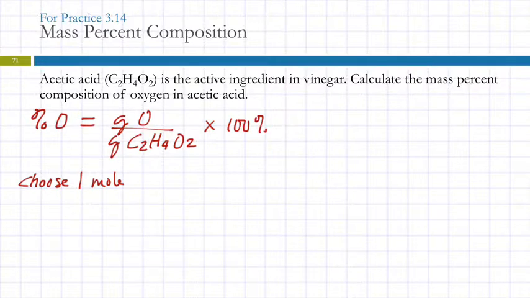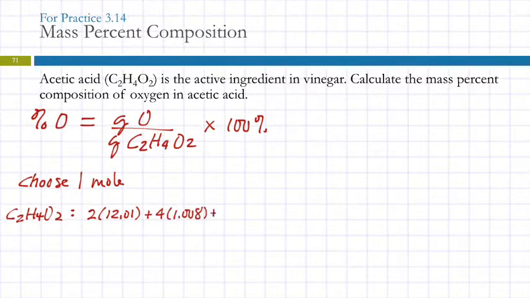Can we find the mass of 1 mole of acetic acid? Yeah, we just learned how to do that, right? So for C2H4O2, the molar mass is going to be 2 times the mass of carbon, 12.01, plus 4 times the mass of hydrogen, plus 2 times the mass of oxygen.